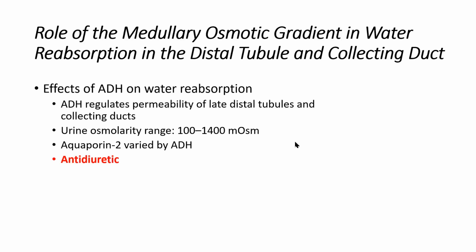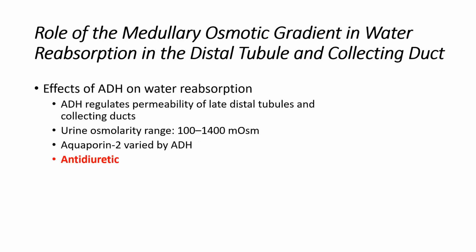On the other end of that spectrum, if we're well hydrated, we have less ADH in our system, we insert fewer of those aquaporin 2 channels, and we reabsorb less water from our filtrate. And so we're going to have a more dilute urine, which has a lower osmolarity of about 100. All right. So ADH, if you think about the name, antidiuretic, it's preventing diuresis.